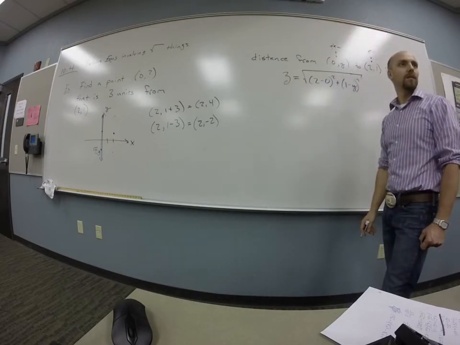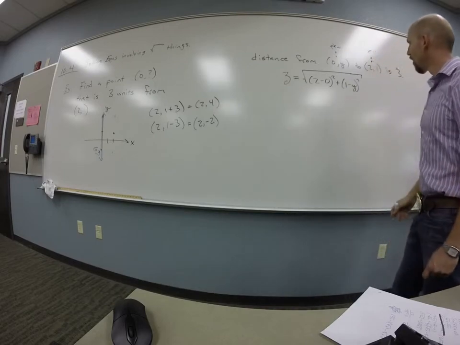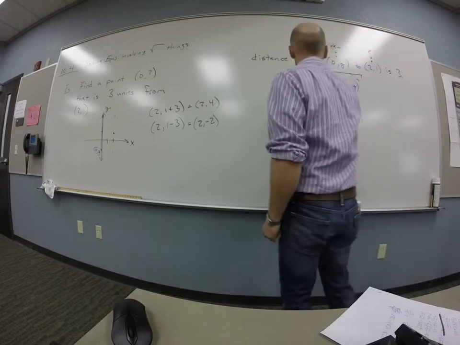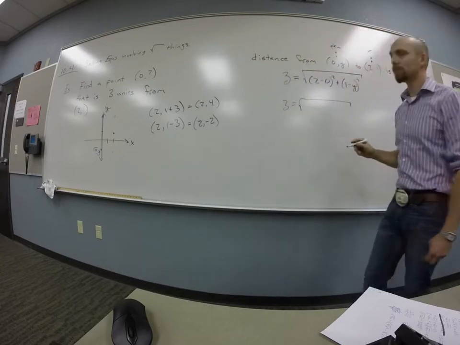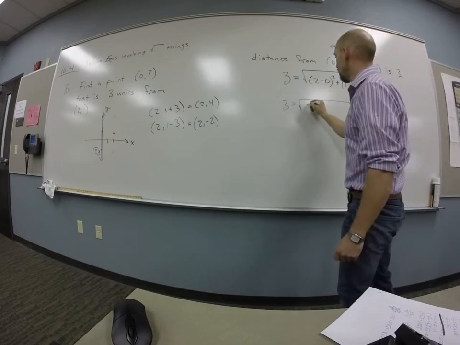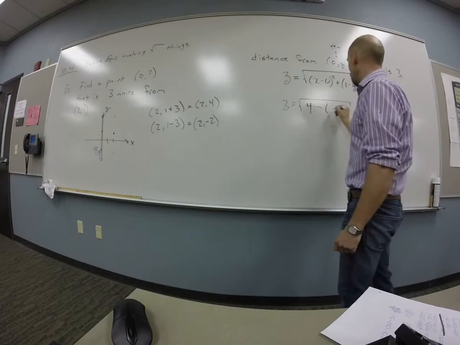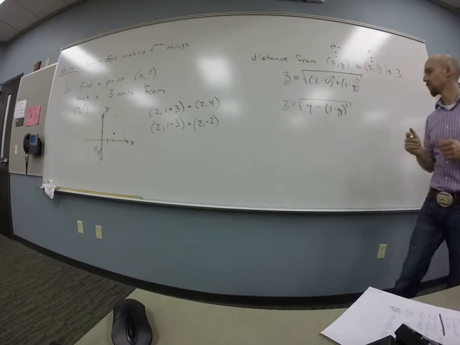You guys see that? So I have 3 is the square root of, what can I simplify? 2 minus 0 squared is 4, and then I've got this other stuff, 1 minus y squared.